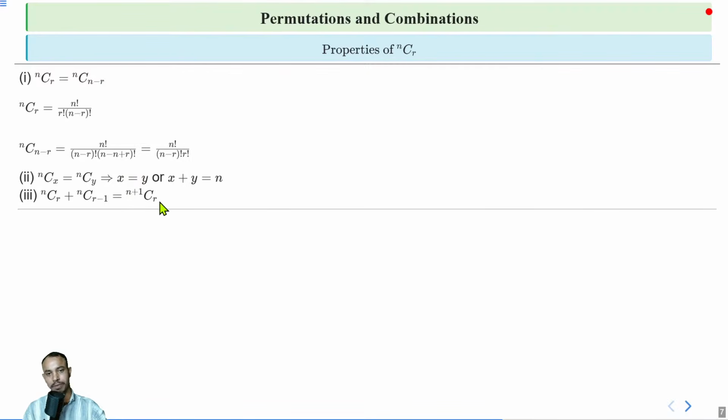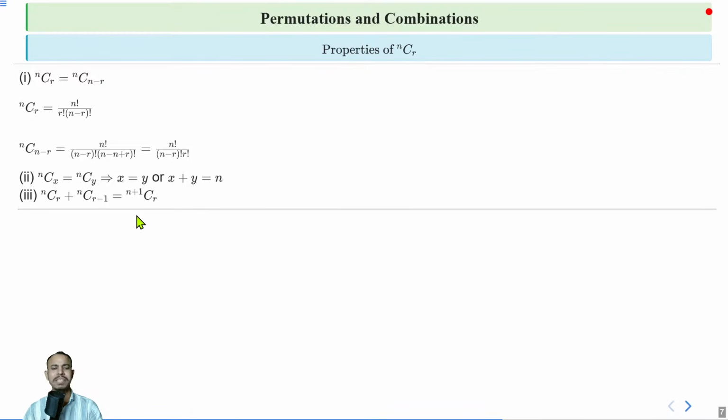This is equivalent to nCr plus nCr minus 1. That means if you have n different things and want to take r items, that is nCr, and if you want to take r minus 1, that is nCr minus 1. If you add them, you will get n plus 1 Cr.